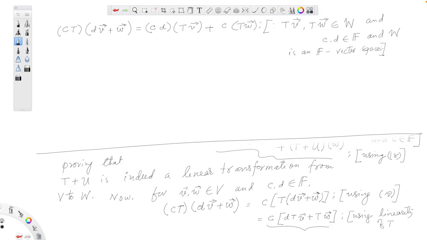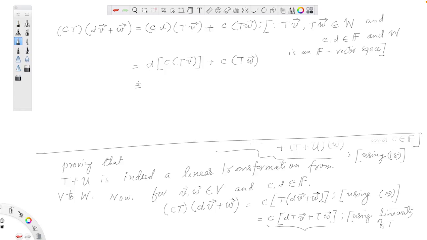Okay, so c times d is the same as d times c, which follows from the property of a field. So this can be written as d times c times Tv plus c times T of w.